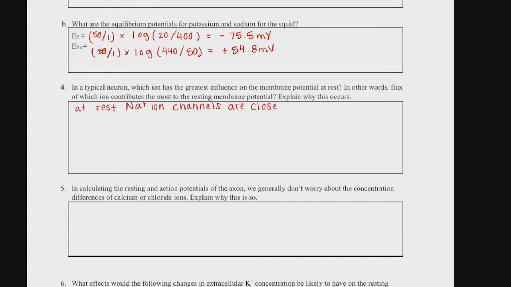However, there are potassium channels that are open. They're called potassium leak channels. And this allows for the flow of ions down its concentration gradient.